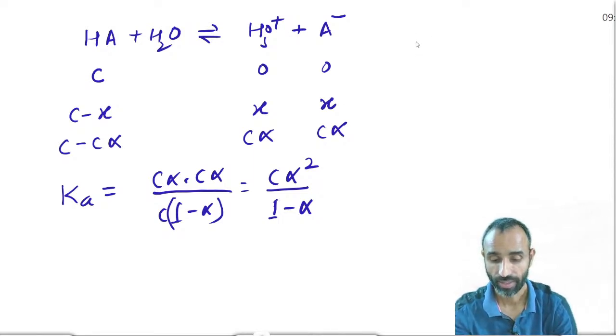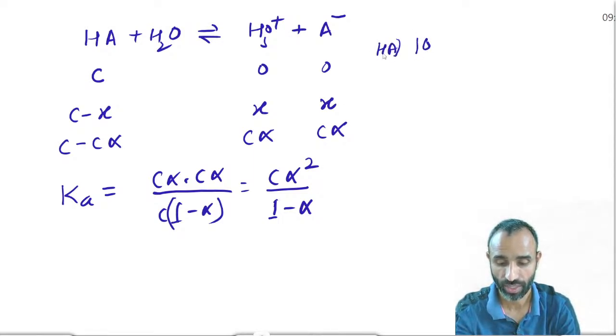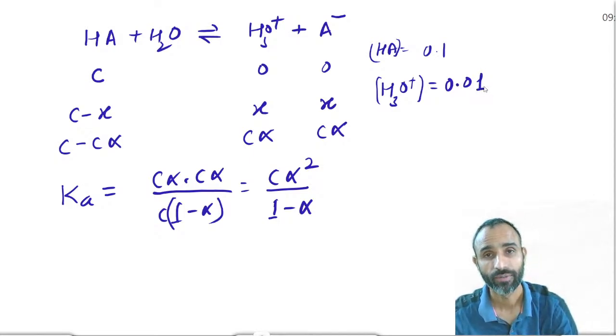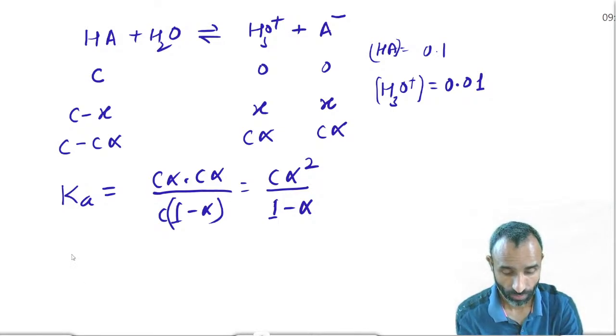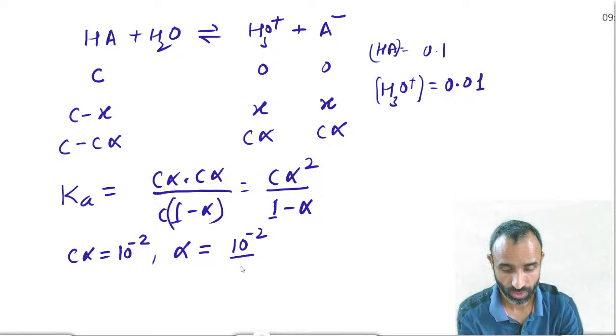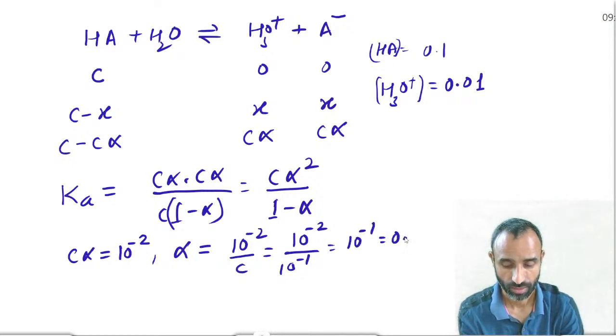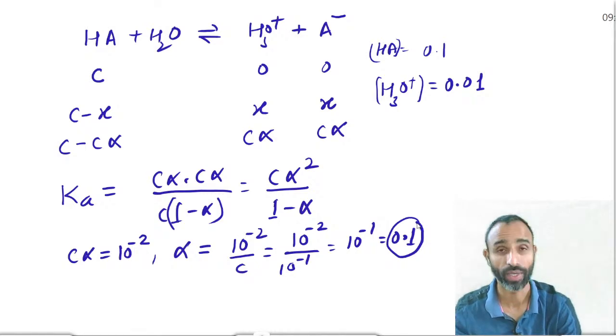But here HA concentration is only 0.1 and H plus ion concentration is 0.01. So what is alpha from here? C alpha is 10 raised to power minus 2. So alpha is 10 raised to power minus 2 upon C, that is 10 raised to power minus 2 upon 10 raised to power minus 1, that is 0.1. So alpha is 0.1.